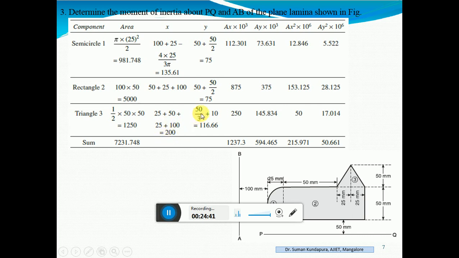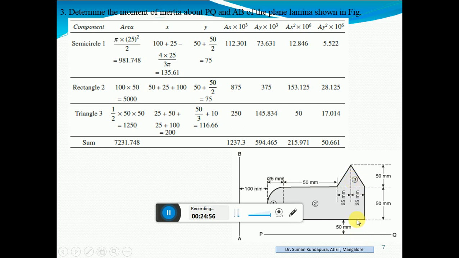Whereas in the case of y, the CG will lie here, right? So for the case of y, it will be this distance from PQ to this point. Correct?